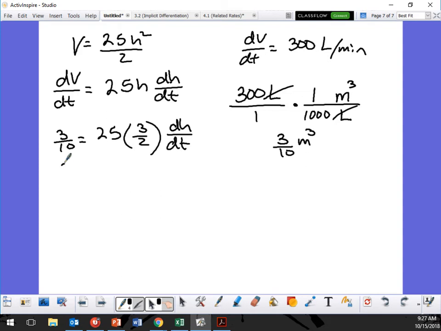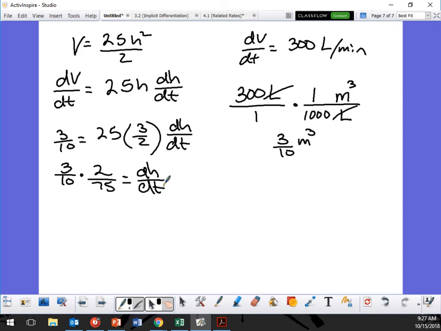So it's going to be 3 over 10 times 2 over 75, oh crap, I need to flip it. 2 over 75 is equal to dh/dt. All right.